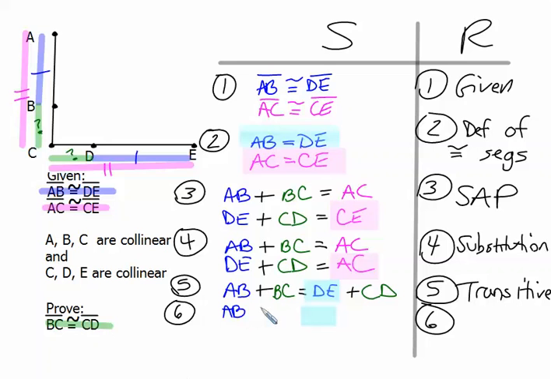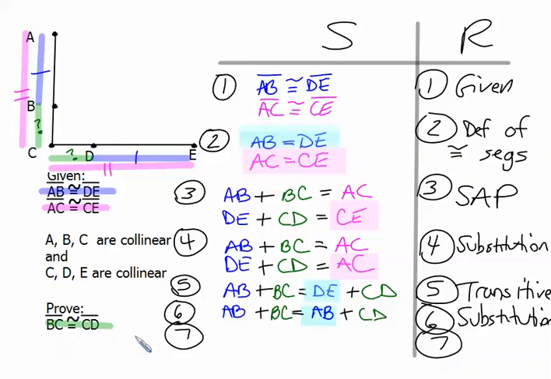We'll have AB plus BC is equal to, now we're doing this replacing, it's going to become an AB plus CD. Again, that was substitution. Please be careful on abbreviating substitution. You don't want it to look like subtraction.